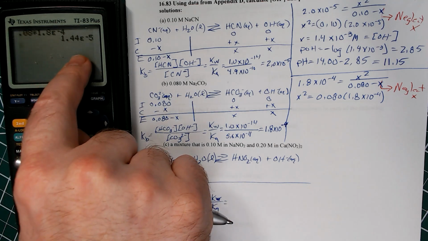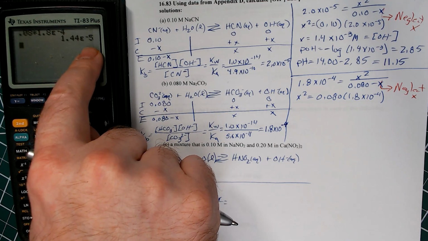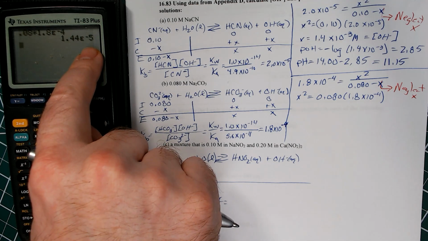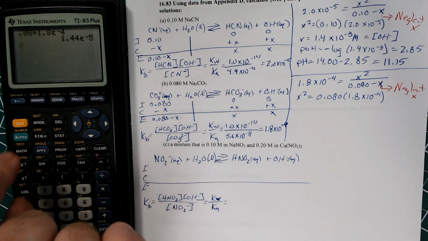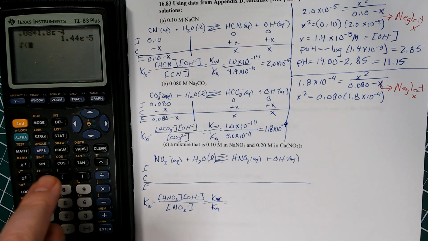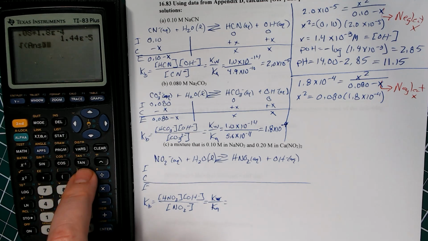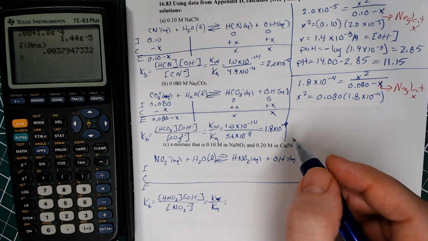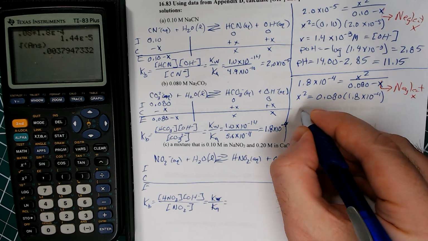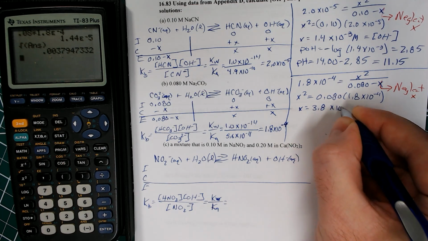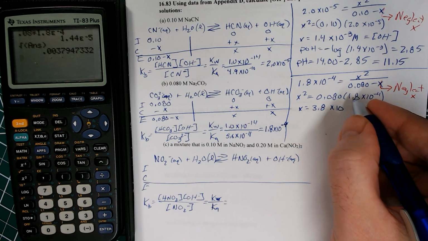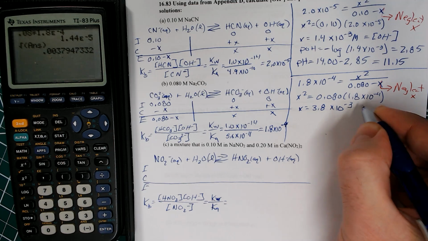All right, so there is the 1.44 times 10 to the negative 5, and we will now take the square root of that, our answer, and you see that we will get 3.8, so x is equal to 3.8 times 10 to the negative 3 molar.